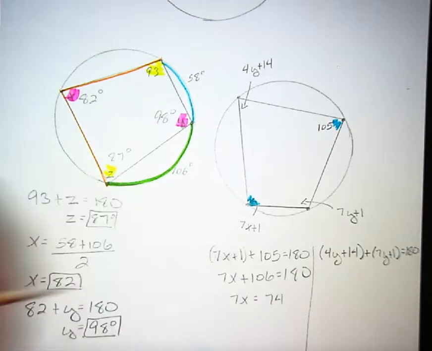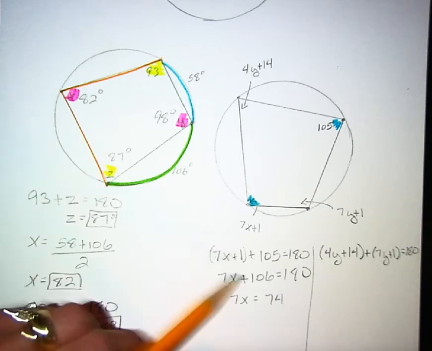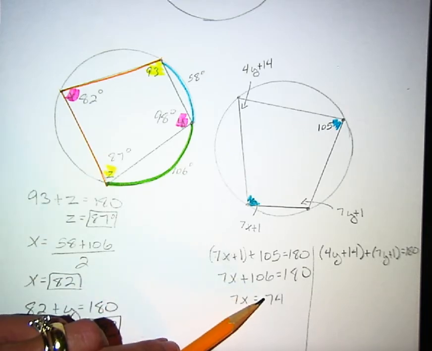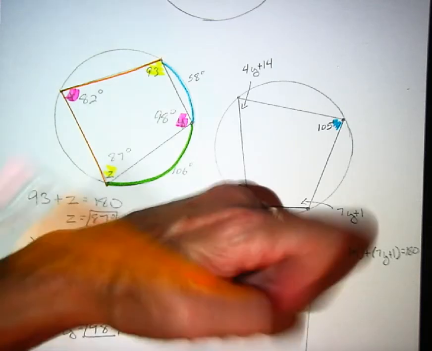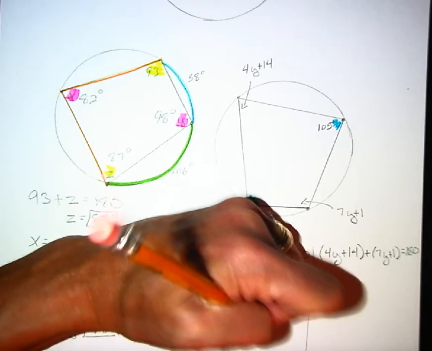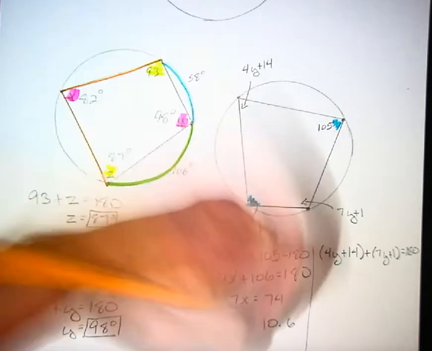Wait. 180 minus 106 equals 74, divided by 7. Something's wrong there. Maybe I wrote that down wrong. It comes out to about 10.6.